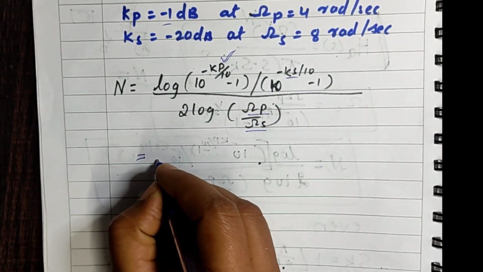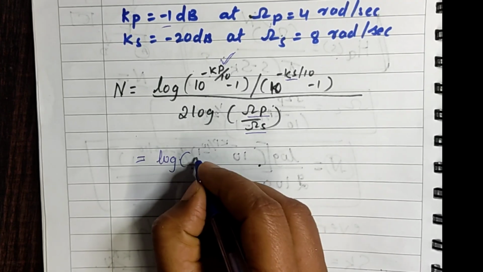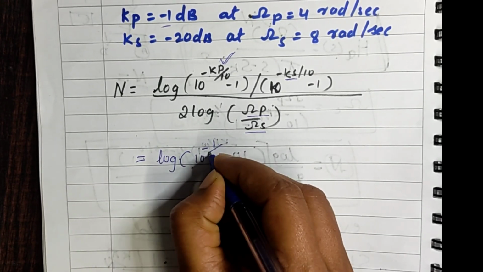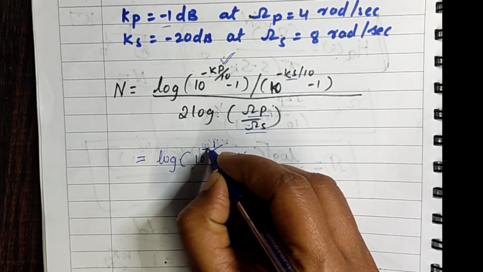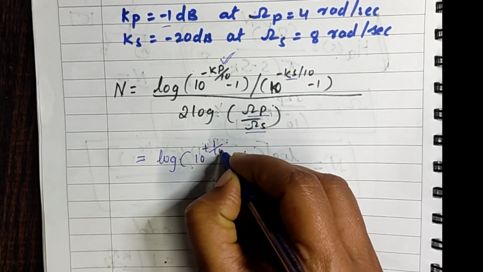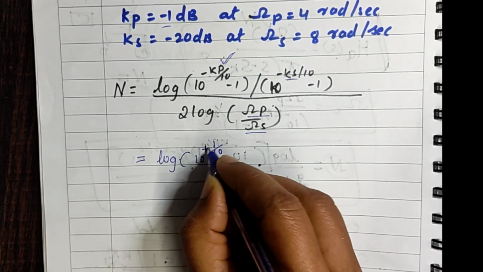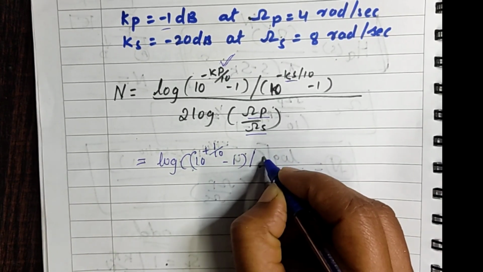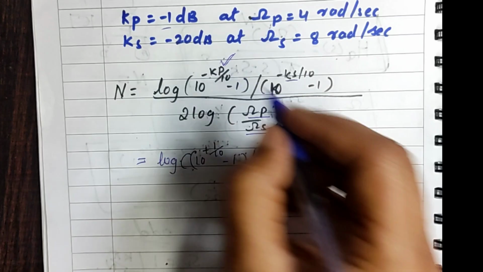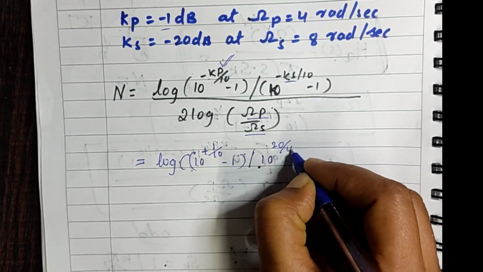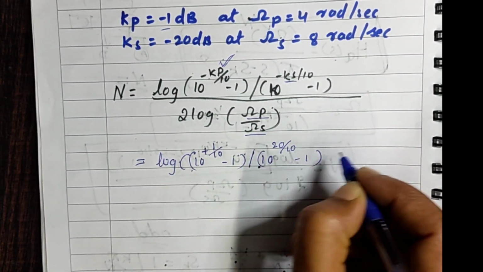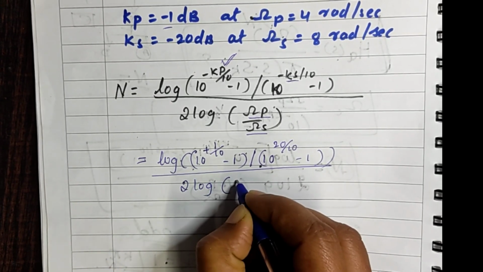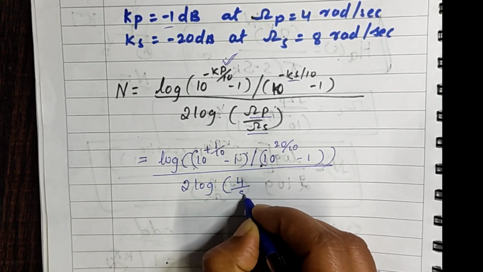Now let us substitute all the values. So log of 10 to the power of minus Kp, Kp is minus 1, so minus of minus 1, which is plus 1 by 10, so 10 to the power of 1 by 10 minus 1, divided by 10 to the power of minus Ks, so 20 by 10 minus 1, whole divided by 2 log of ohm P is 4 and ohm S is 8.